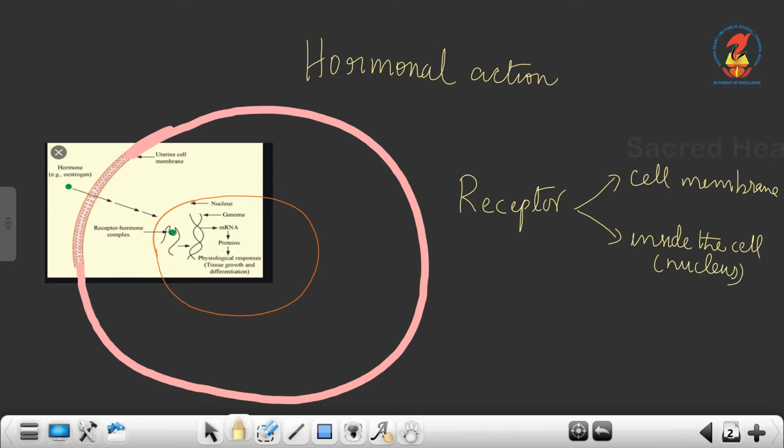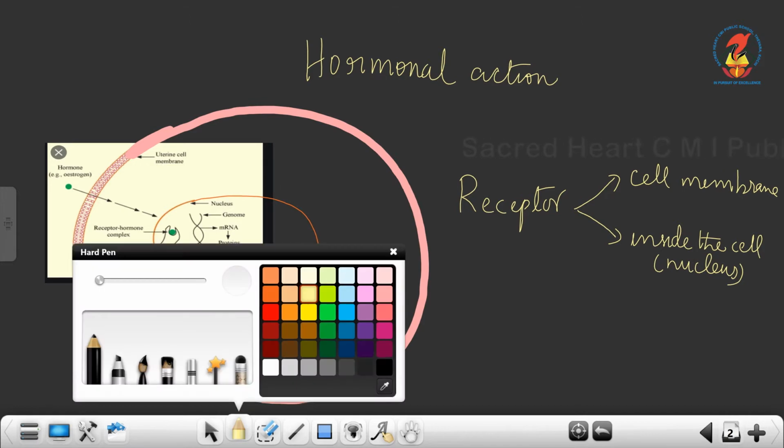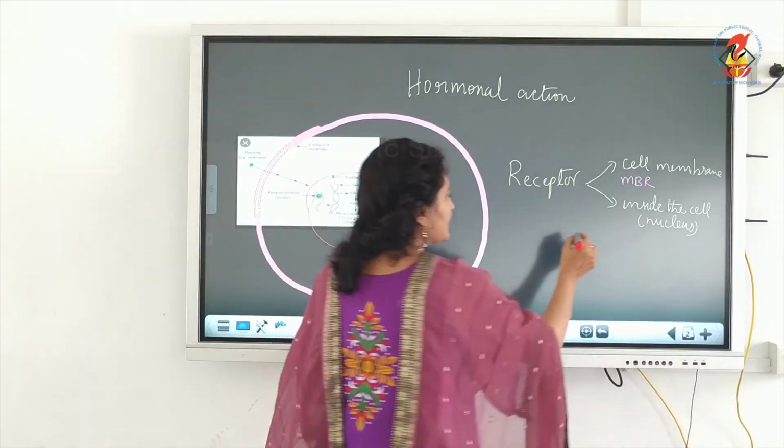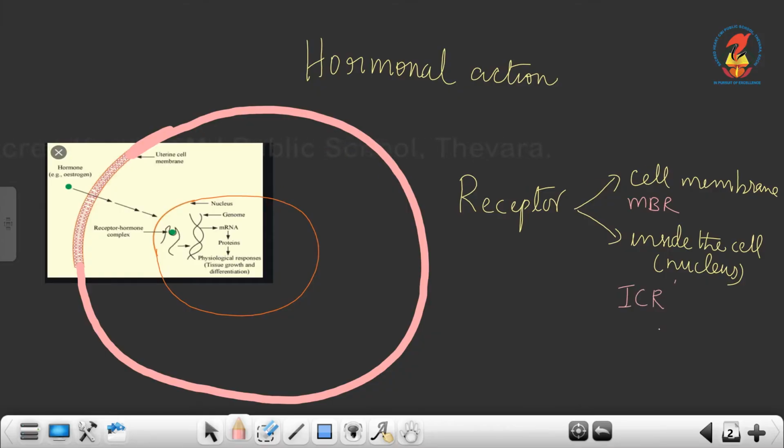When the receptors are present on the cell membrane, they are called membrane bound receptors. Whereas if they are present inside the cell, inside the nucleus, they are called intracellular receptors or nuclear receptors.